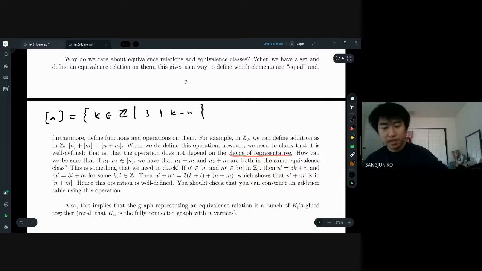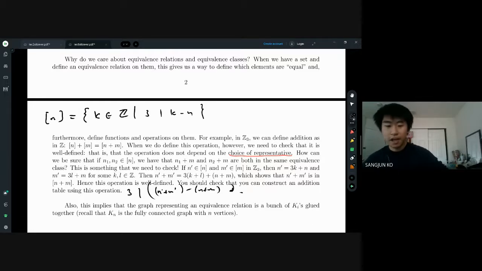This shows that n prime plus m prime is in the class of n plus m, because n prime plus m prime minus (n plus m) is divisible by 3. So that shows this operation is well defined. You can check that.